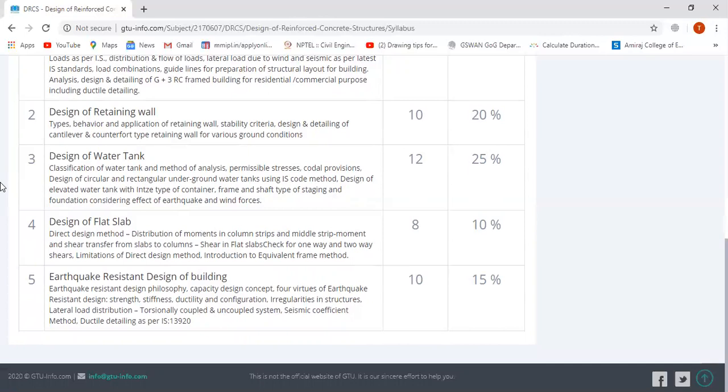Have a look at flat slab: direct design method, distribution of moments in column strip and middle strip, shear transfer from slab to column, shear in flat slab, check for one-way and two-way shear, limitations of direct design method, introduction to equivalent frame method.